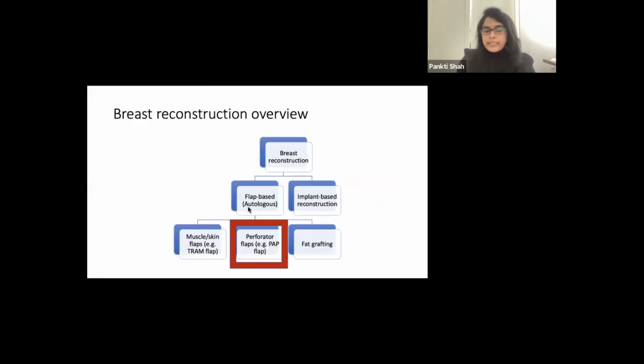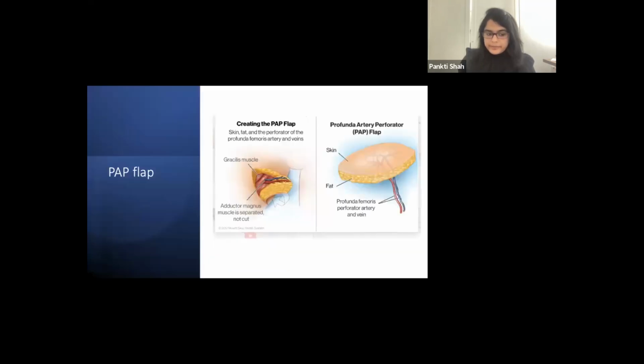Therefore, the newer technique of perforator flap surgery has largely replaced the TRAM flap, as it allows the blood vessels to be taken out without sacrificing muscles. And this results in less pain and morbidity for the patients.